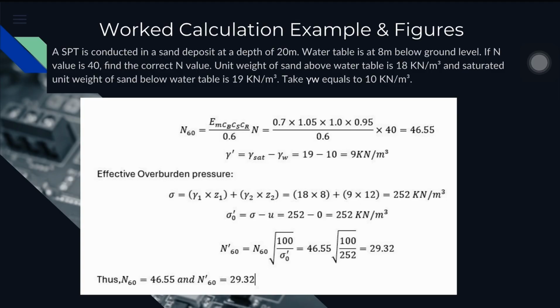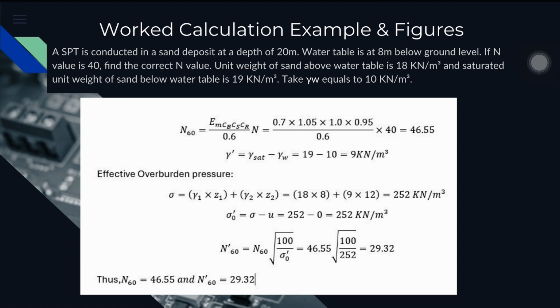For the worked calculation example and figures, we can see here the SPT is conducted in a sand deposit at depth of 20 meter. Water table is at 8 meter below ground level. If N value is 40, find the corrected N value. Unit weight of sand above water table is 18 kilonewton per meter cube, and saturated unit weight of sand below water table is 19 kilonewton per meter cube.